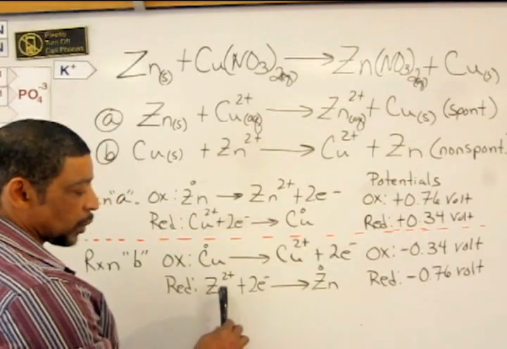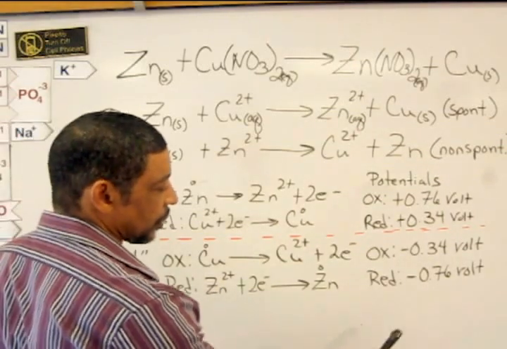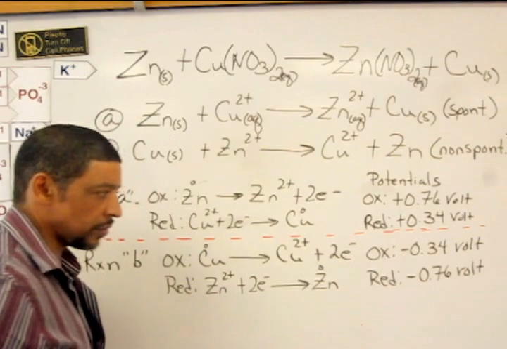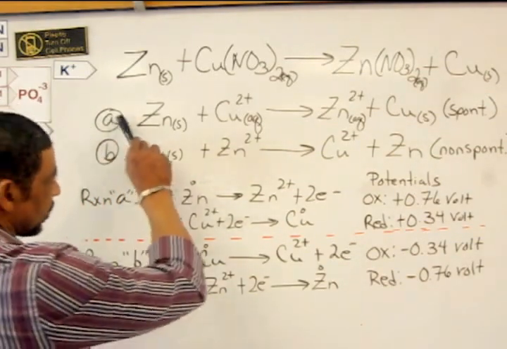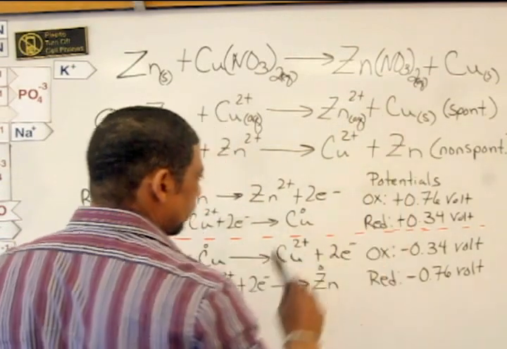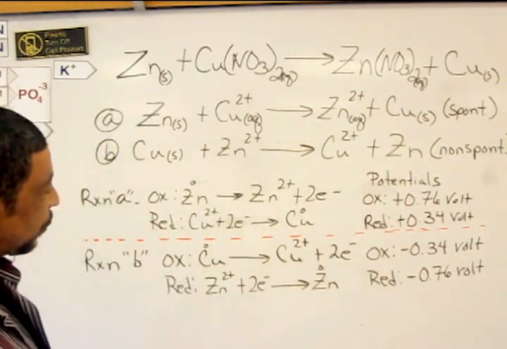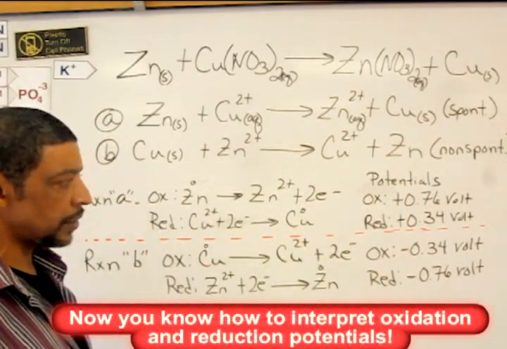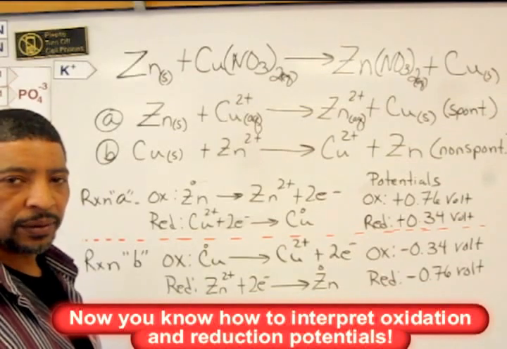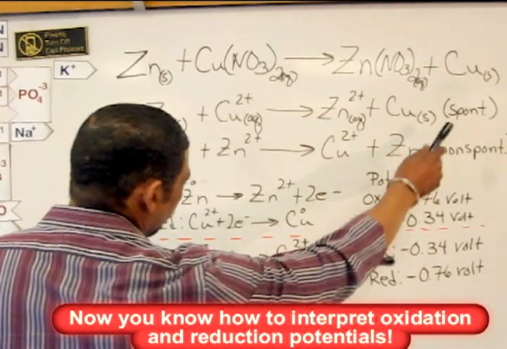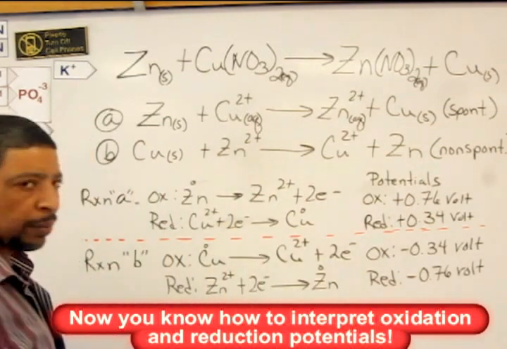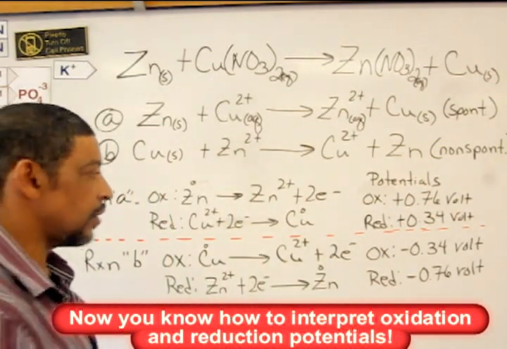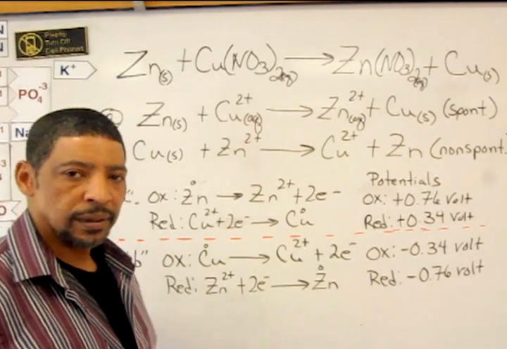The reduction potential for zinc 2+ cation is a negative 0.76 volts. From this data, it becomes apparent that reaction A will be spontaneous, since both the oxidation and reduction potentials have positive values. And the reverse reaction, represented by equation B, will be non-spontaneous, since both values are negative.